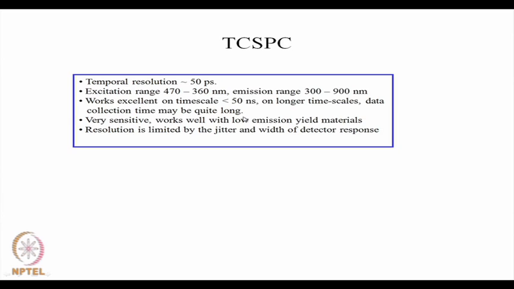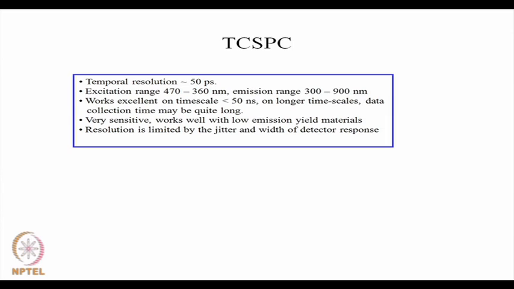Sometimes it may be quite long because you have to shine your sample for a long time, and you have to collect those single photons that are coming out of your sample with the help of this fast detector. So collection time may be very long depending on whether it is a weakly fluorescent material or a strongly fluorescent material.